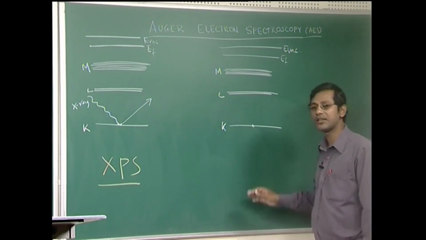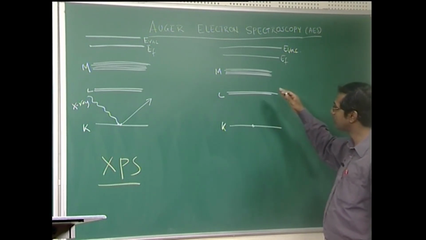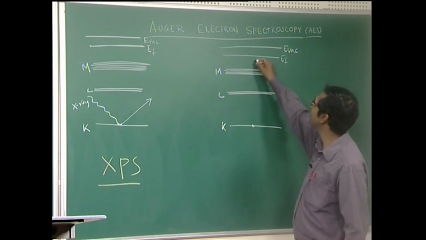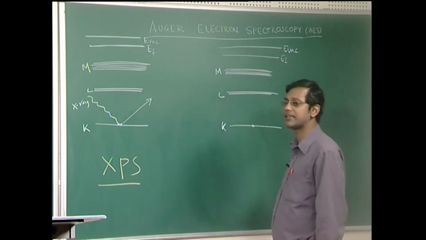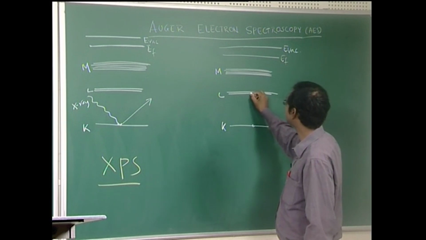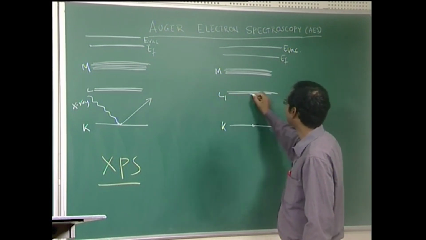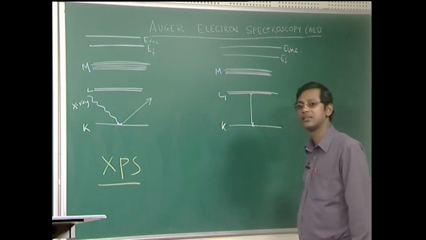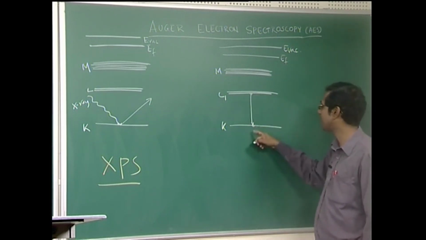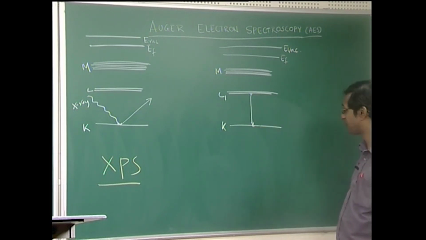So, what can this atom do to come to the lowest energy? Some higher level electrons can jump. Suppose an L1 level electron can jump into the K level hole and fill this space.